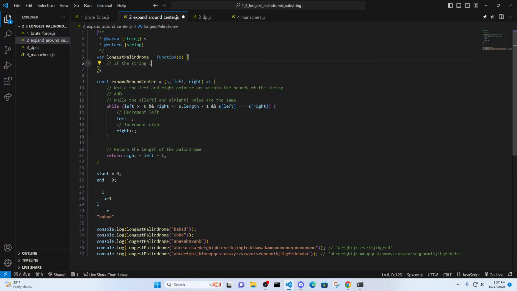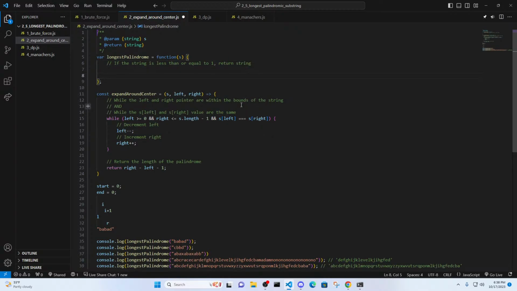Just one note: for the string with an odd length, left equals I and right equals I, and for even size substrings, left is I and right is I plus 1. Yes. Okay. Yep.